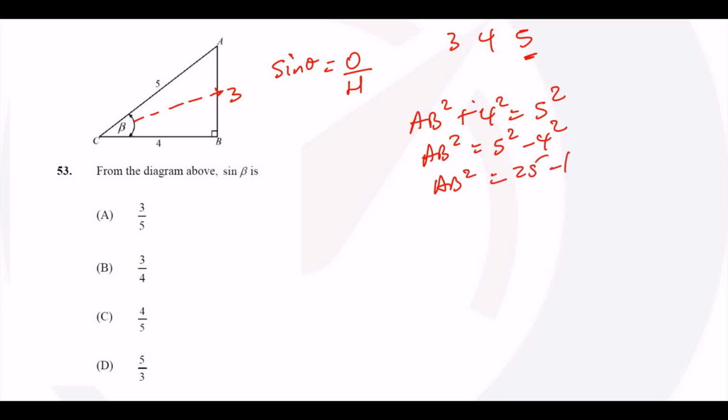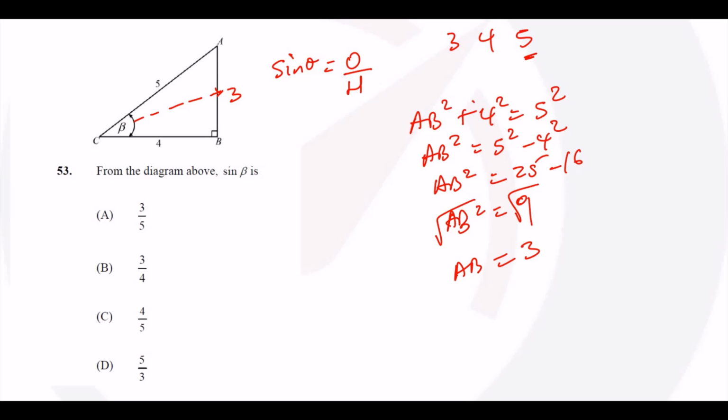That's 25 minus 16, and that gives us 9. So AB squared is equal to 9. To find AB, find the square root of both sides. So AB is equal to 3. So you could calculate your 3, or you could get familiar with some of the common Pythagorean triples.